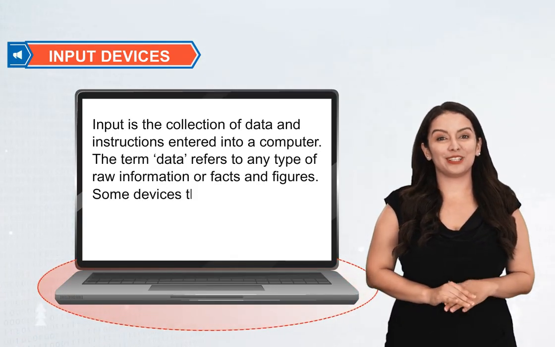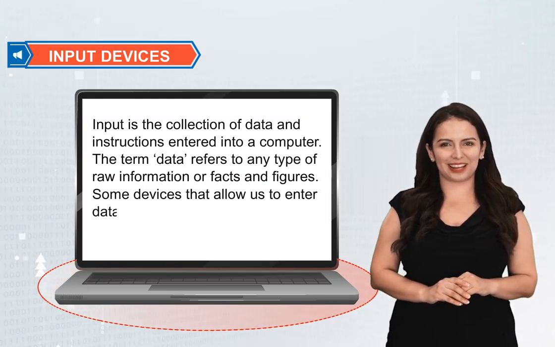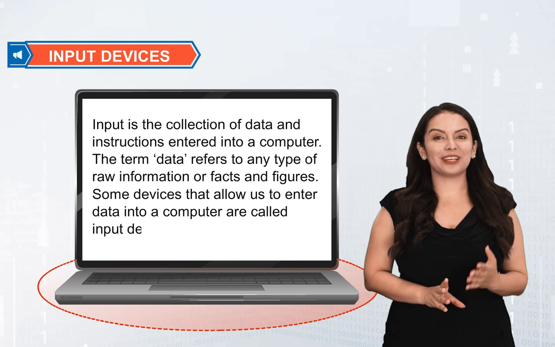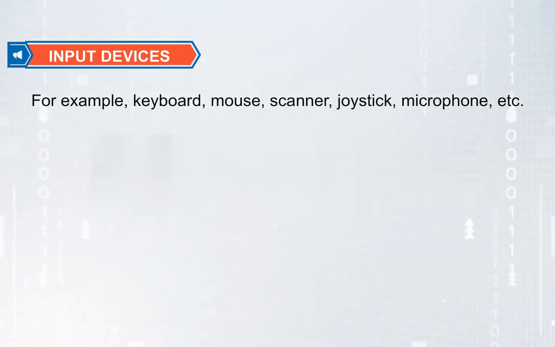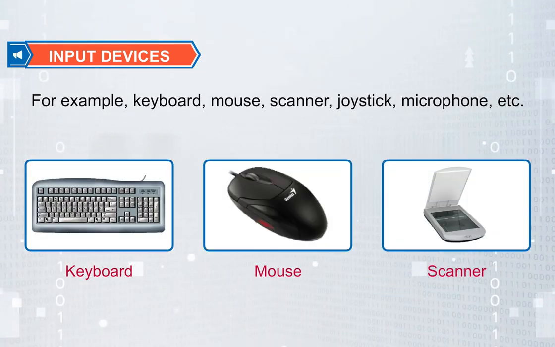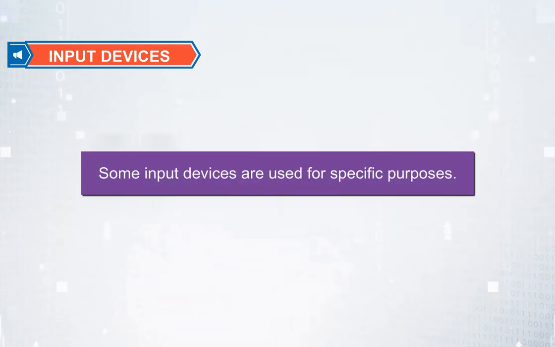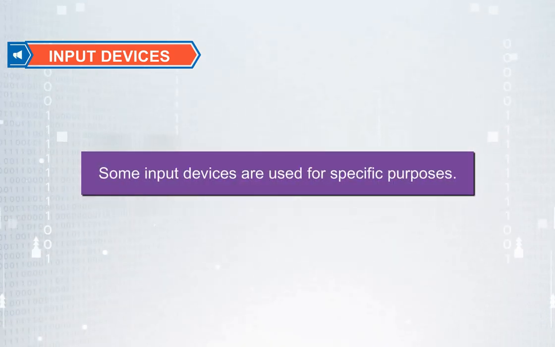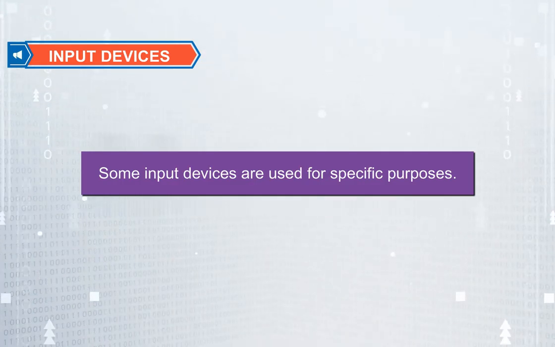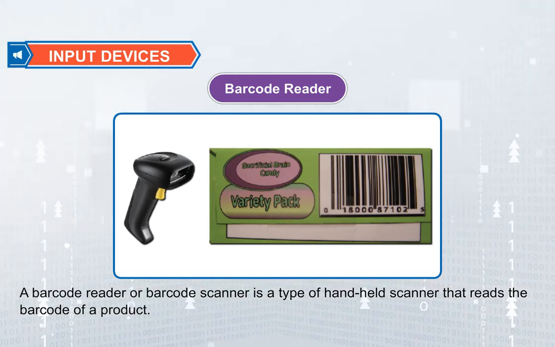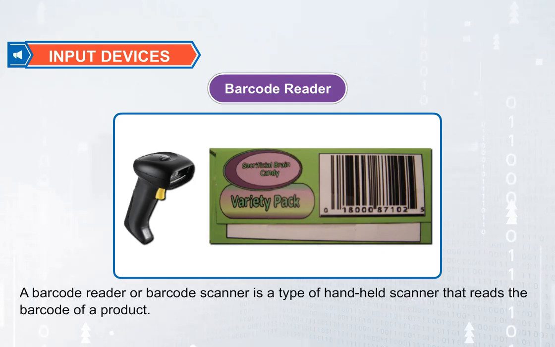Some devices that allow us to enter data into a computer are called input devices. For example, keyboard, mouse, scanner, joystick, microphone, etc. Some input devices are used for specific purposes. Barcode reader. A barcode reader or barcode scanner is a type of handheld scanner that reads the barcode of a product.